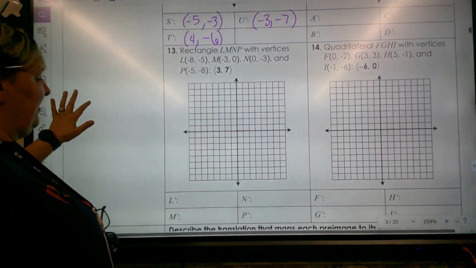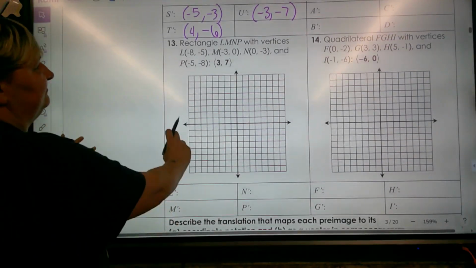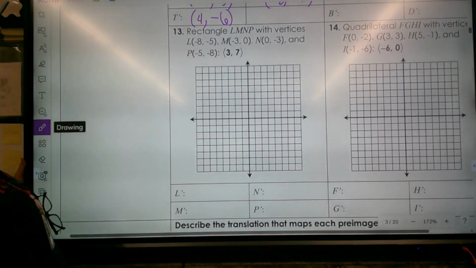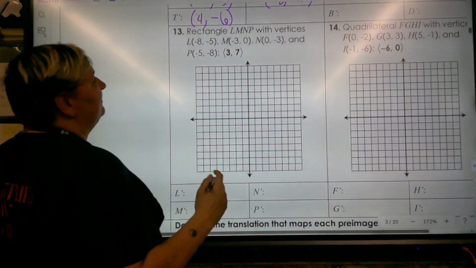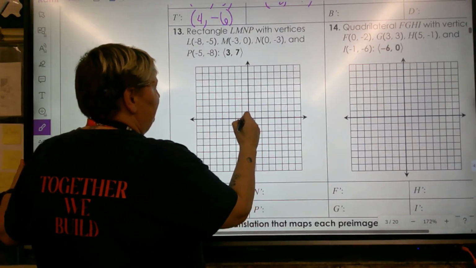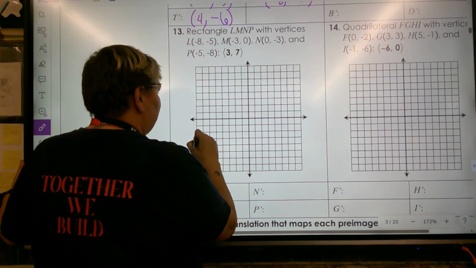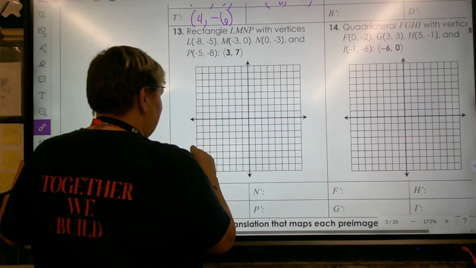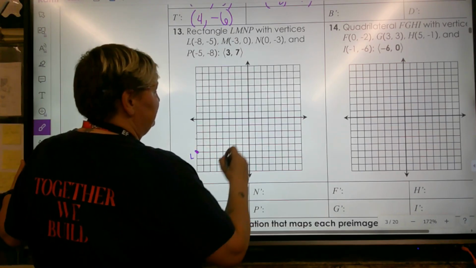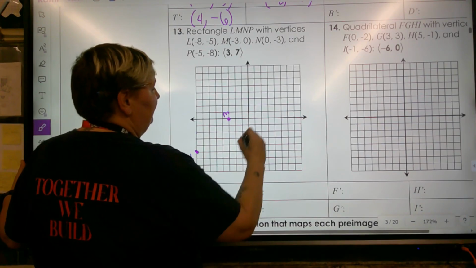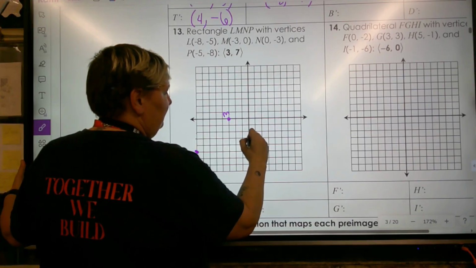This time we're going to do a rectangle. Let's go ahead and draw our first shape so we know what we're looking at. L is -8, -5. 1, 2, 3, 4, 5, 6, 7, 8. 1, 2, 3, 4, 5. And this is L. M is -3, 0. N is 0, -3.